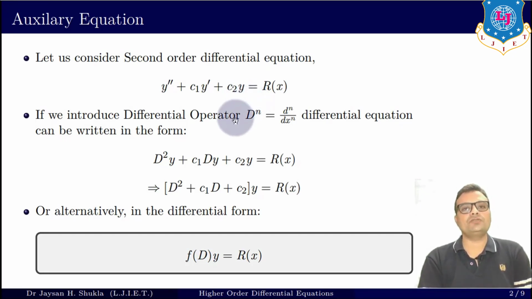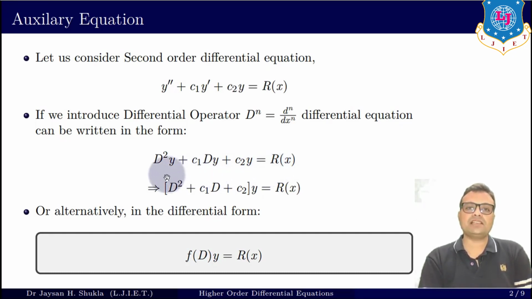Now let us introduce the differential operator capital D raised to n as d by dx power n. It will help us to convert the differential equation into a comparatively easy form. Once we introduce the differential operator capital D, the second order differential equation will take this form: D square y plus c1 D of y plus c2 y equal to r of x.